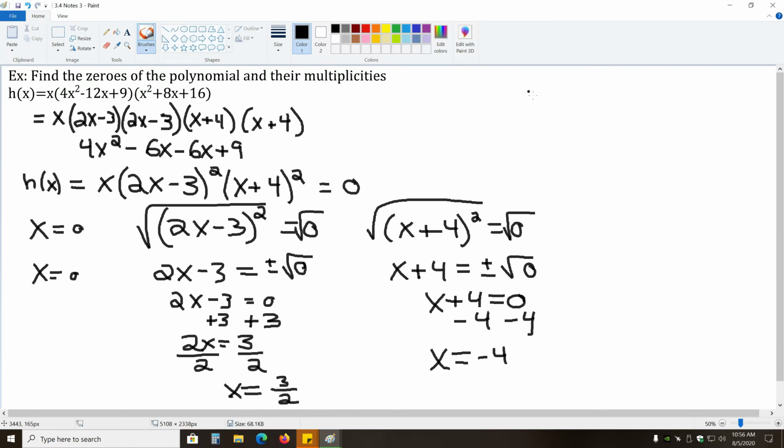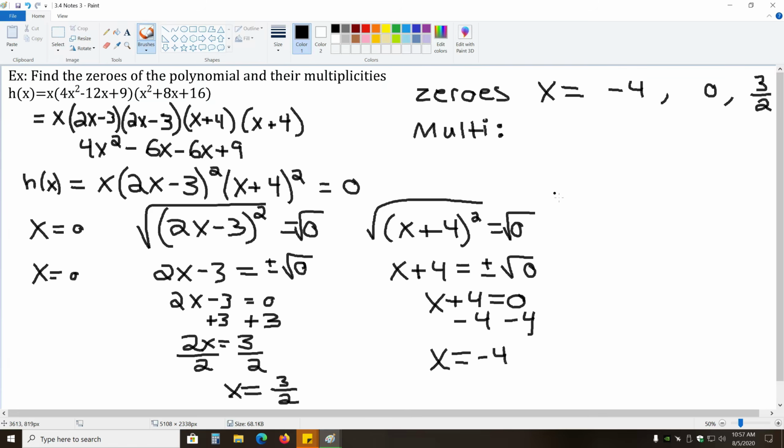So we now have all the zeros. X equals -4, 0, and 3/2. And from there, the multiplicities, we can just list beneath them. The multiplicity of -4 is the exponent that was on its factor, meaning this 2 here.